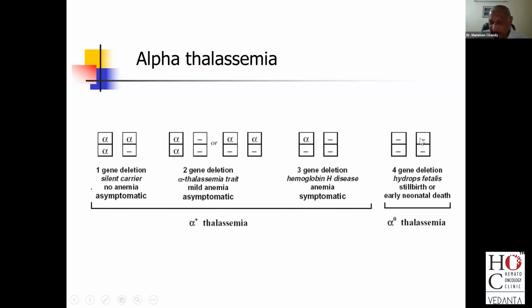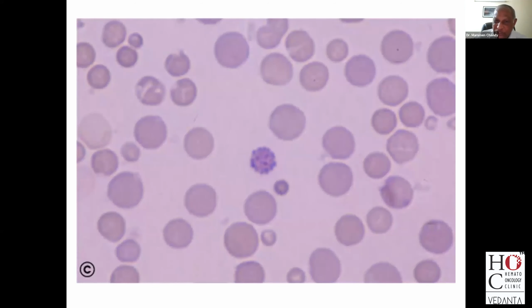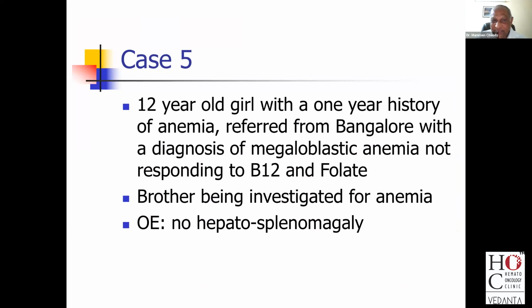If 4 genes are deleted, then you have hydrops fetalis, you're born with a hydropic baby, right? These are the phenotypes, which I won't go into. How do we diagnose 3 alpha genes deficient? We look for what are known as golf balls on a reticulocyte or a new methylene blue stain. You can see this beautiful golf ball on a new methylene blue stain, and this is diagnostic of hemoglobin H disease or 3 gene deletion, right?